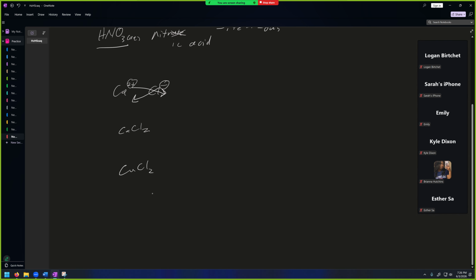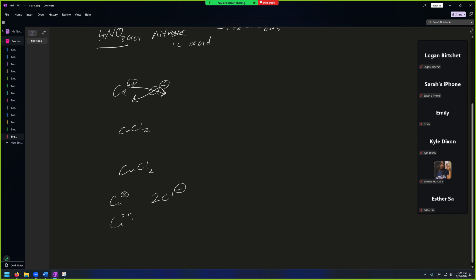So it's CuCl2. Each chloride here, so I have two Cl minuses, each one of those has a -1 charge. And so when I'm thinking about this, I'm trying to figure out what value for x can I put here to balance the two -1 charges. Well, +2. And so the correct charge for copper here is 2+.